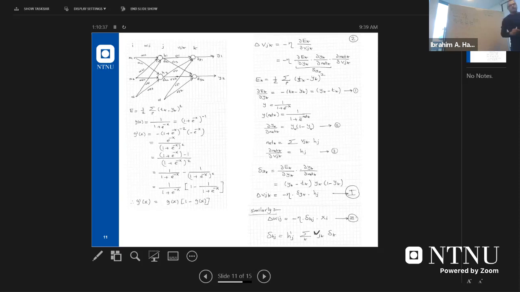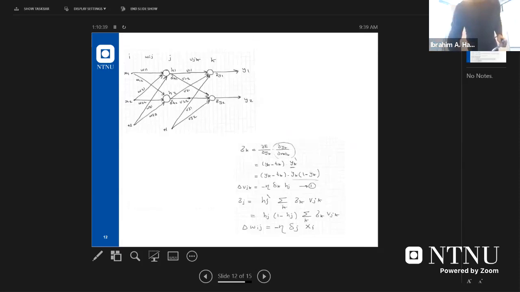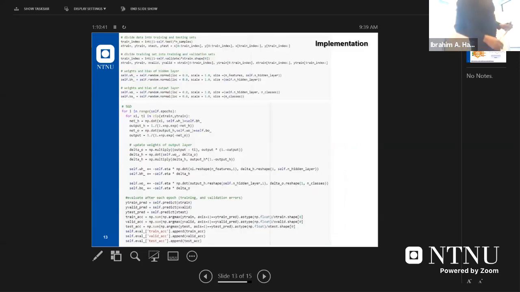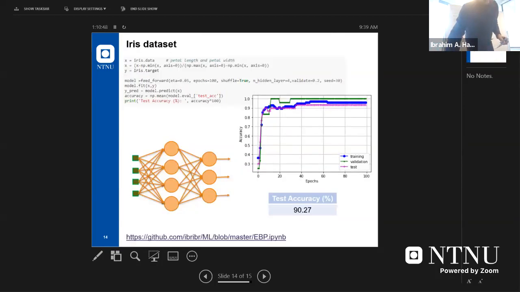So I want to open the code and show you the code. So this is the code which I did. For the implementation, you have this one, it's EPL, error back propagation. So just go for it and try to open it from GitHub.